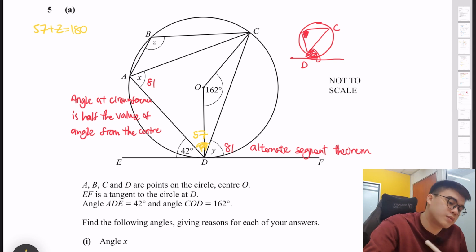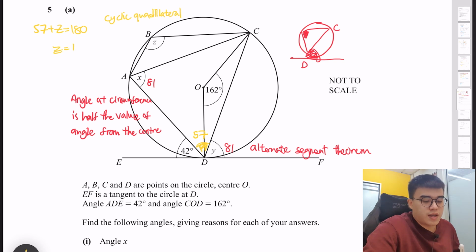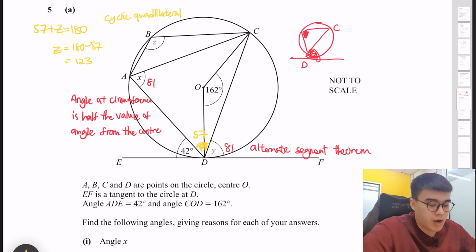The reason is cyclic quadrilateral. So z's value will actually be 180 minus 57. You will get your result as 123. So that's pretty much it for identifying the angles involved here.